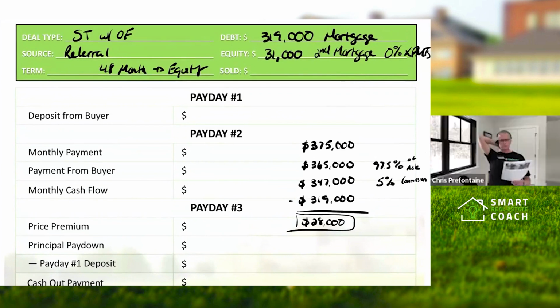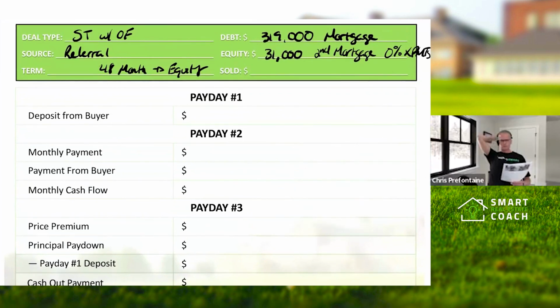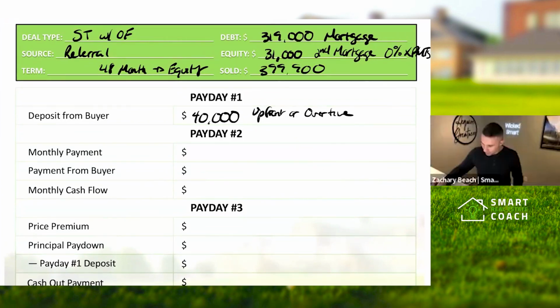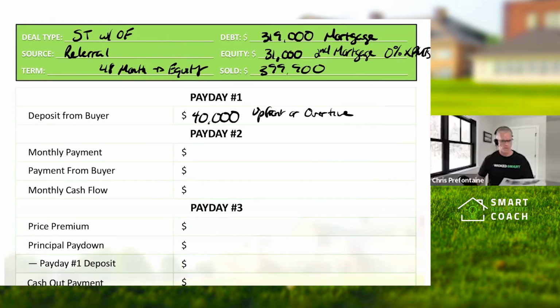Here, I'm going to put sold, or potential sale, up there. $399. So we're going to project 40 grand. Whether, if you're new, that's upfront or Nick structures that over time, sometimes quarterly, monthly, whatever it might be. 40 grand over time or upfront, payday one. Yep, monthly payment to the seller's mortgage. Seller's mortgage PITI is $2137.